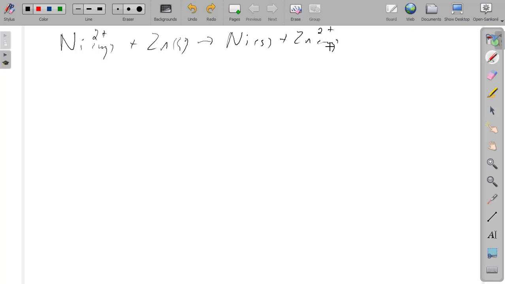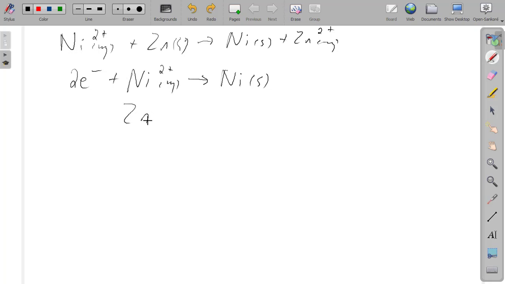All right, so break this into 2 half reactions. The Ni2+ is going to generate Ni metal, which means again now, even though it's mass balanced, we got to charge balance it. This side's 0, this is 2+, so we know we're going to have to add 2 electrons to this.